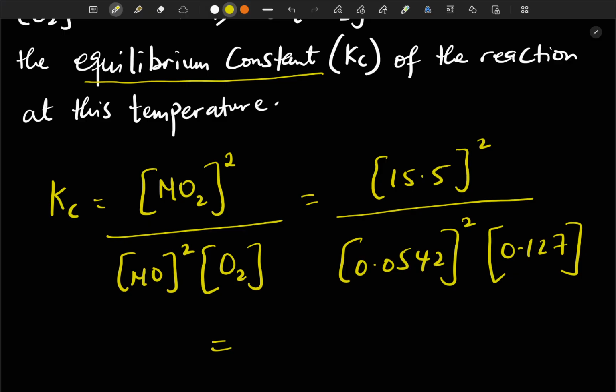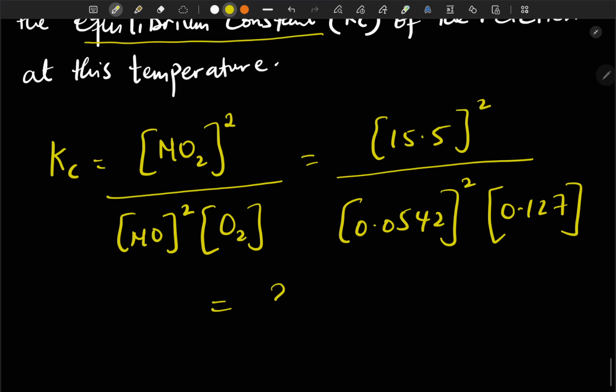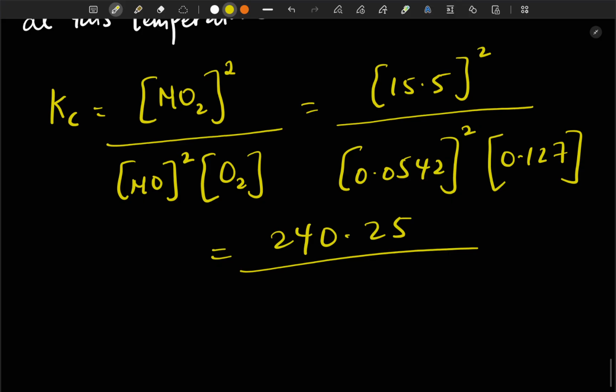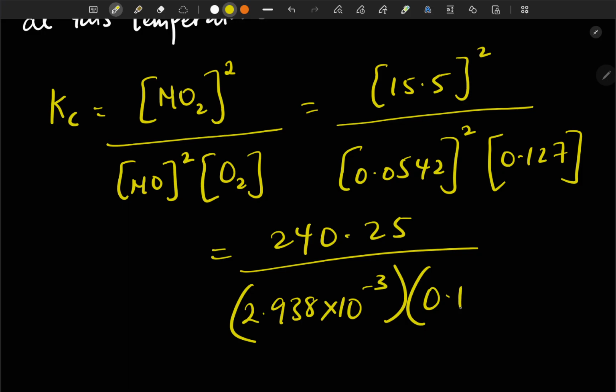So 15.5 raised to the power of 2 is equal to 240.25, divided by 0.0542 raised to the power of 2, which is equal to 2.938 times 10 raised to the power minus 3, multiplied by 0.127.